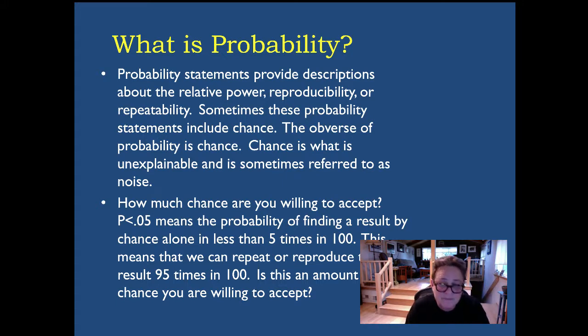It means the probability of finding a result by chance alone is less than 5 times in 100. Notice, by chance alone is less than 5 times in 100. This means that we could repeat or reproduce the result 95 times in 100.